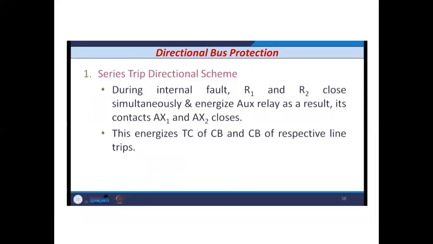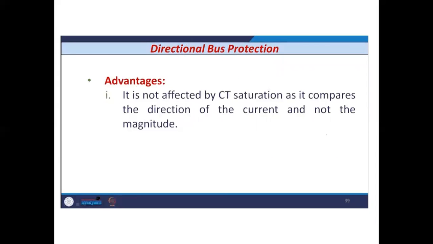Now, what are the main advantages? The main advantage of the directional protection scheme is that it is not affected by CT saturation, as it compares the direction of current and also the magnitude.